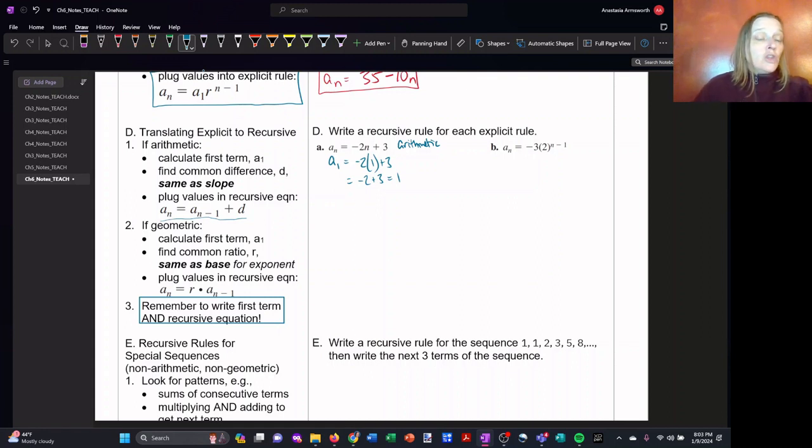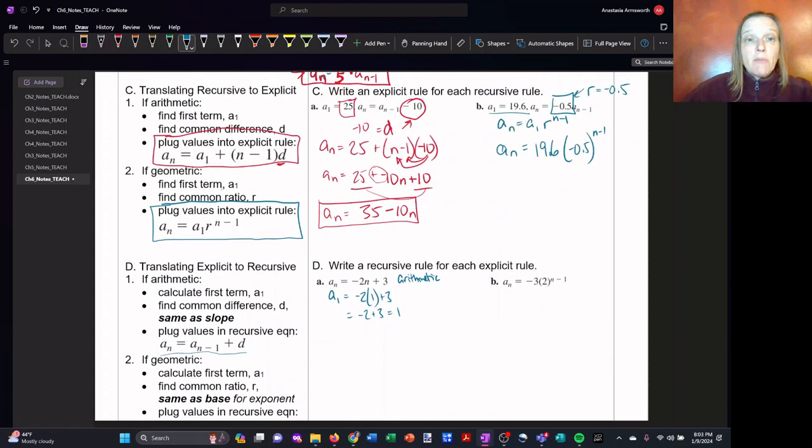And when we look at explicit rules for arithmetic sequences, we can see that the d value is the number that we multiply by. It's the consistent slope that we have here. So the d value here is the negative 2. It's that multiplication factor that we see. Okay, so in an arithmetic function, the common difference is the same as the slope. So my d value is negative 2.